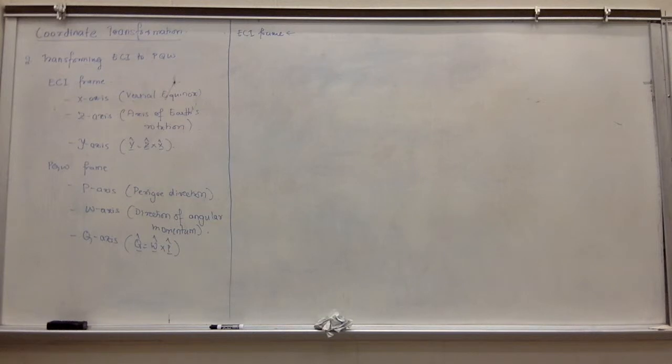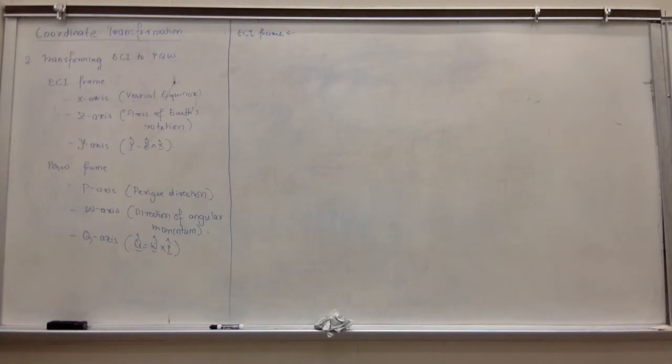So if I do a 90-degree rotation of the ECI, I'll end up in PQW. You see the orientation, how we are expressing PQW. A 90-degree rotation about the z-axis is PQW.